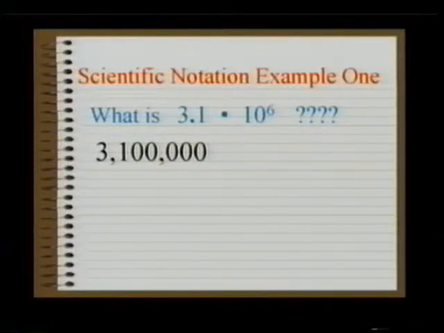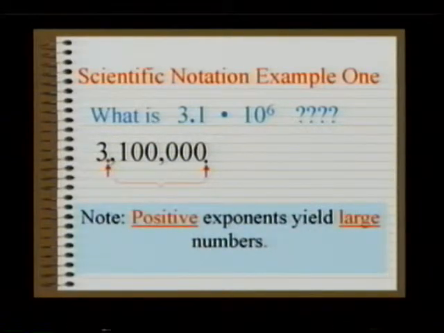It's a very large number, but we can shorten it by writing it in scientific notation. Note, we picked a number between 1 and 10, 3.1, and we moved over 6 places to get back to where we were, and that's where we got the 6.